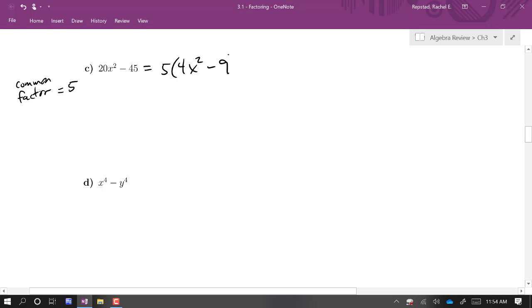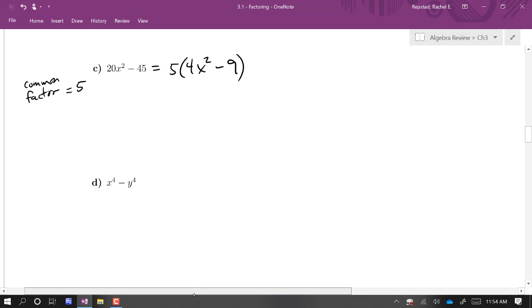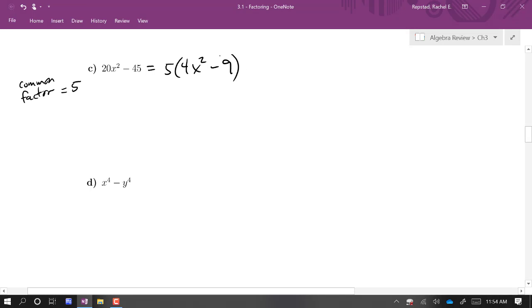So if I start by taking out a 5, then this will factor now as 5 times 4x squared minus 9. And then this brings up another point, is that when we're factoring, we always want to factor completely, factor all the way. So after you've done one type of factoring, you don't want to just leave it. You always want to check and make sure that it's factored all the way.